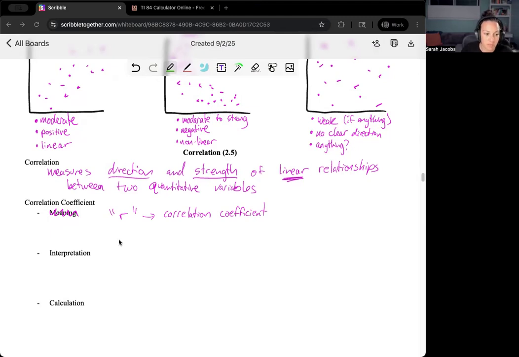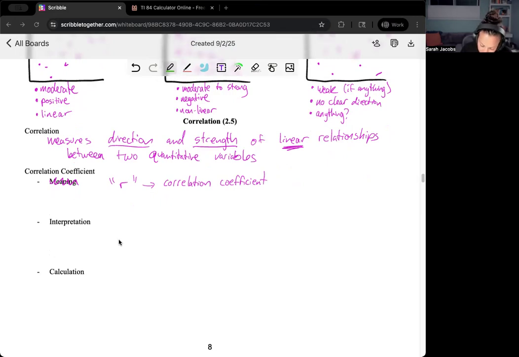Now, the correlation coefficient is not the slope. Be very careful about that. It's always with regards to a linear association.